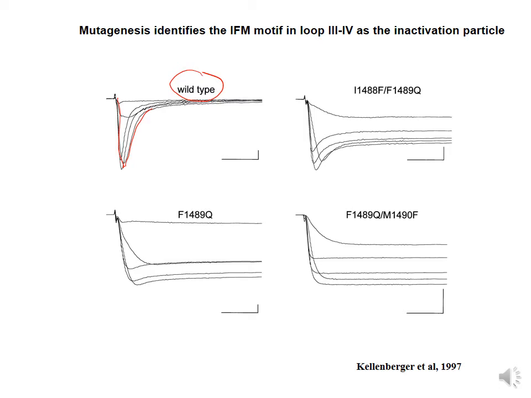Now, some amino acids in this loop between domain 3 and domain 4 were mutated, in this case isoleucine 1488 mutated to phenylalanine, and phenylalanine 1489 mutated to glutamine, and we can see that the inactivation process was in large part eliminated. Also, single mutations were able to replicate this experiment, and some other mutations of this part of the protein were able to even more completely eliminate this fast inactivation process.